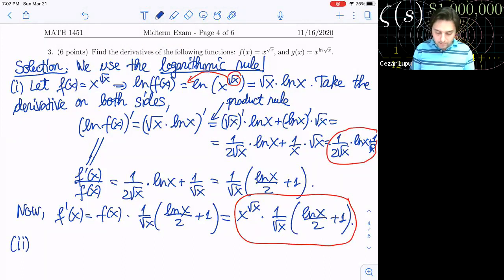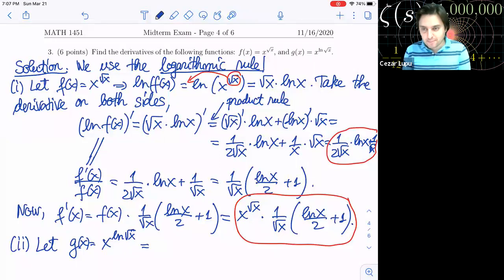Okay, now let's see the second one. We consider g of x, this time, is x to the power ln of square root of x. I want you to tell me, can we work this function out a bit so that we can make it look better?